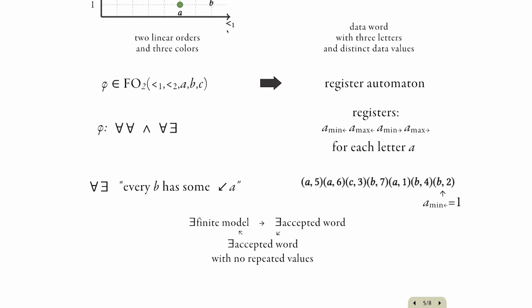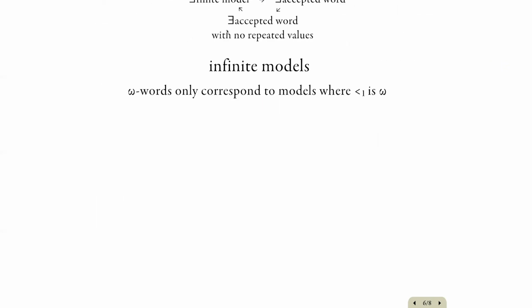consider data words or other structures which are infinite. So a natural approach is to consider omega words equipped with data values, but this only allows us to consider structures where the first order has the type omega. So in particular, it's a discrete, well-founded order.